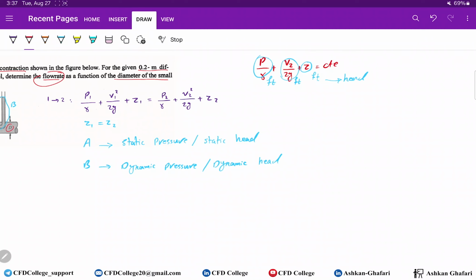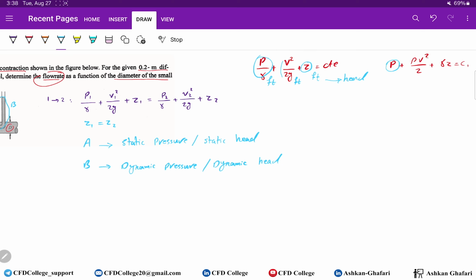But in another type, P plus rho V square over 2 plus gamma Z equals a constant.